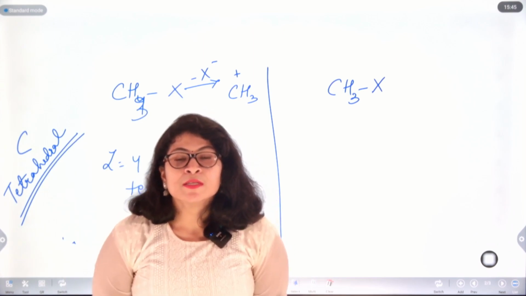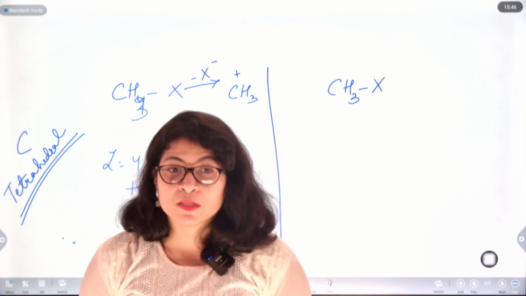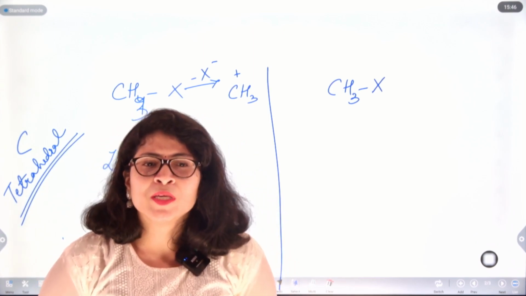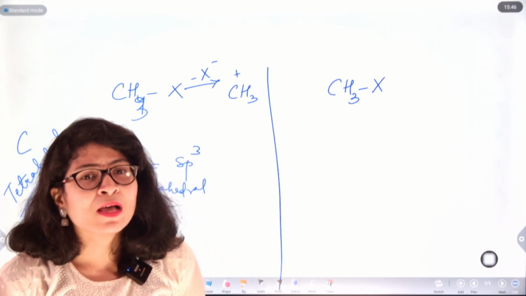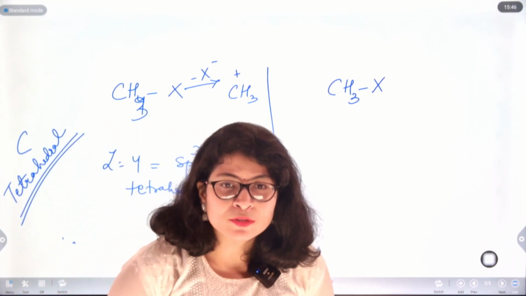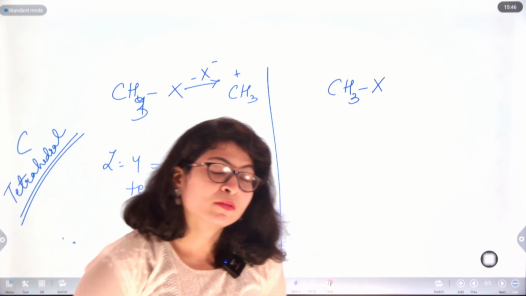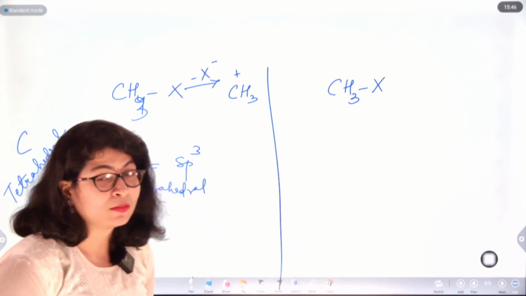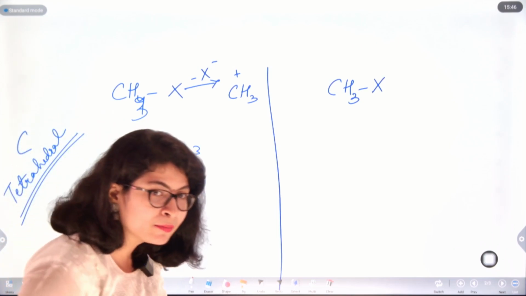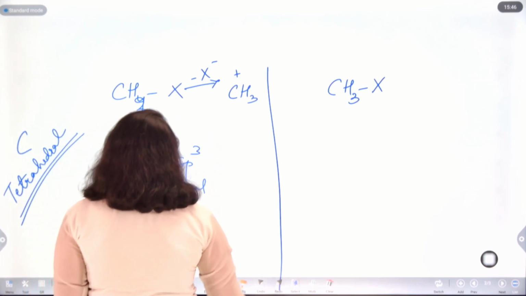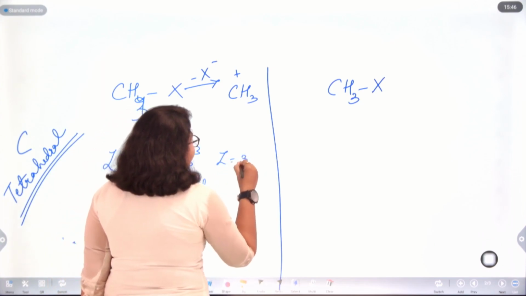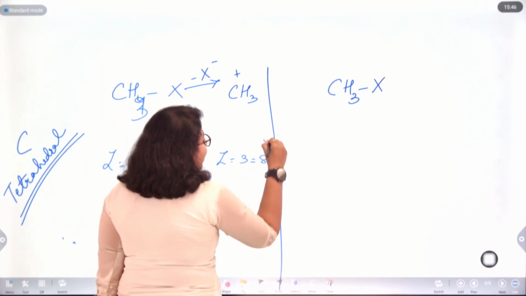Now, if I see the hybridization of CH3 plus, isn't it appearing sp2? Because there are 3 sigma bonded electron pairs, from 3 hydrogen atoms. The Z value comes out to be 3 here, and the hybridization becomes sp2.